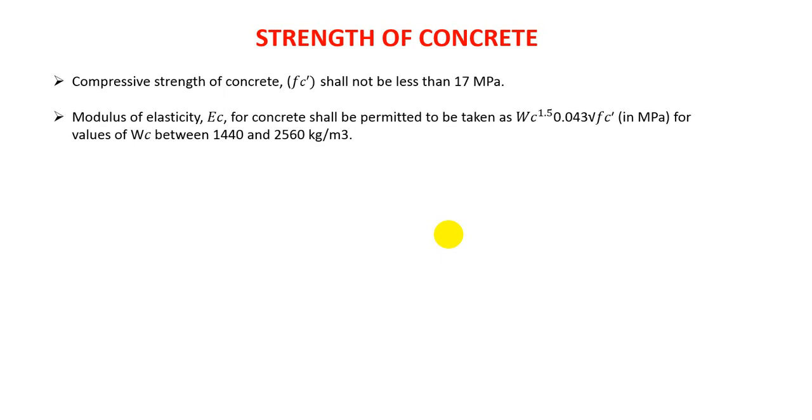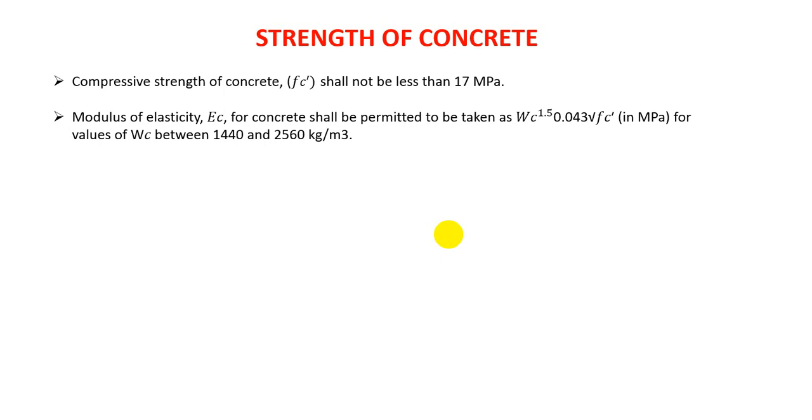Modulus of elasticity for concrete shall be permitted to be taken as Ec = Wc^1.5 × 0.043 × √f'c, where f'c is in megapascal, for values of Wc between 1440 and 2560 kg per cubic meter.